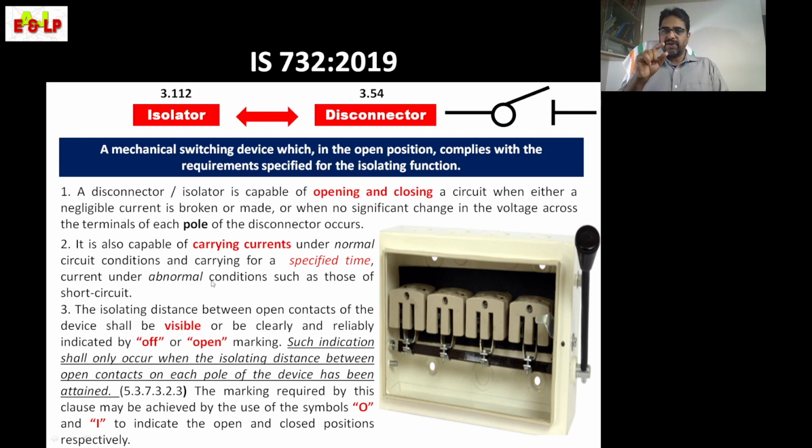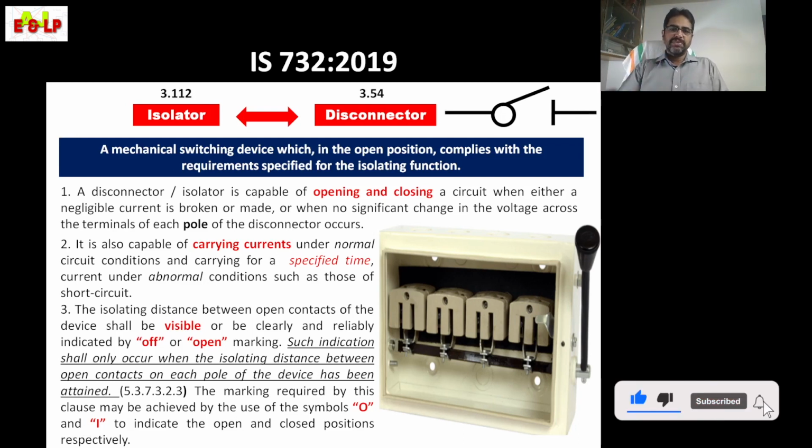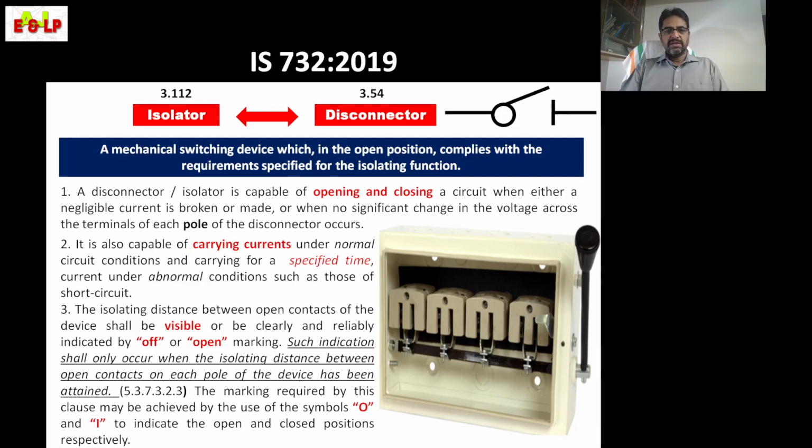But in the case of a circuit breaker such as MCB or MCCB or some others, there we can't see the circuit as visible. The opening cannot be seen. So in such cases, as per this IS, some other arrangement is enough.